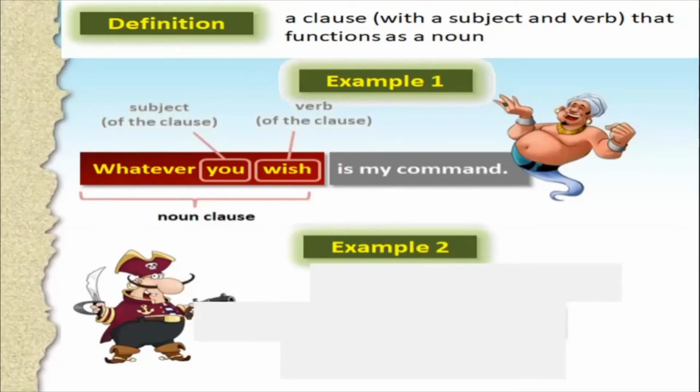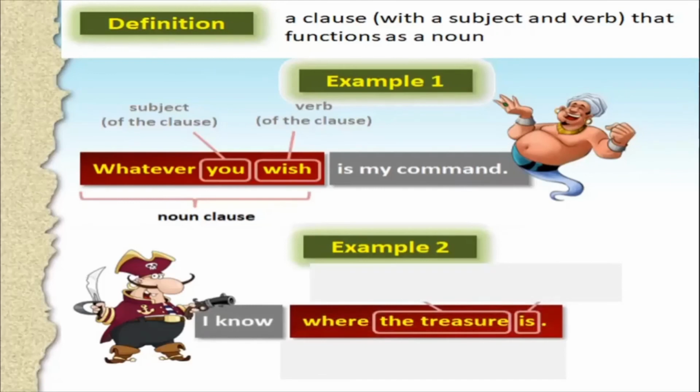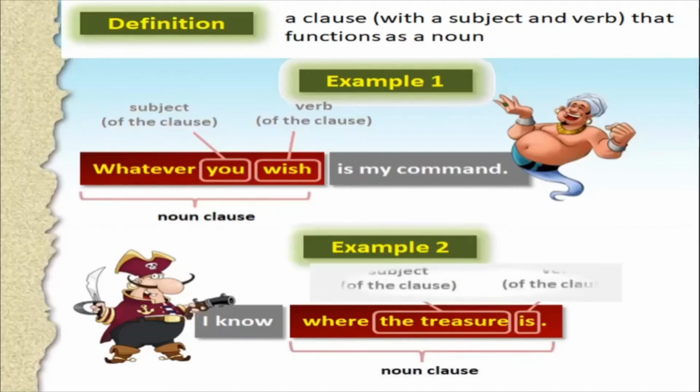Now let us look at the pirate who says, I know where the treasure is. Where the treasure is here is the noun clause, and here the treasure is the subject and is is the verb.